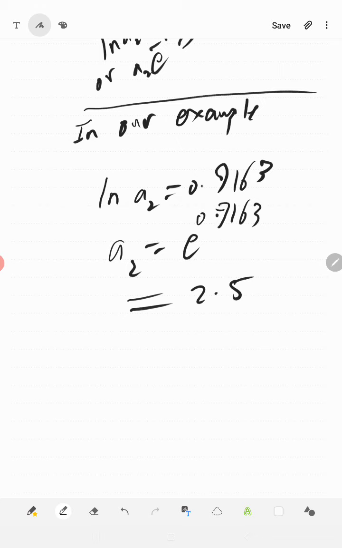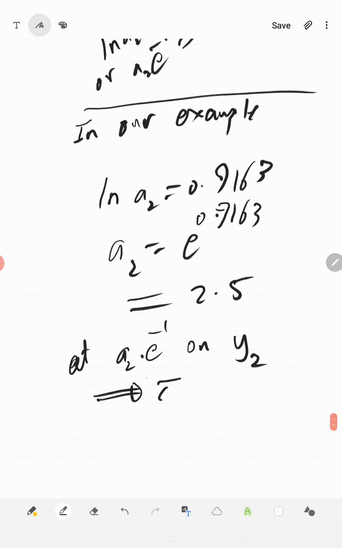And A2 e to the minus 1 on Y2 will give you tau d subtransient, which is 0.02 seconds.